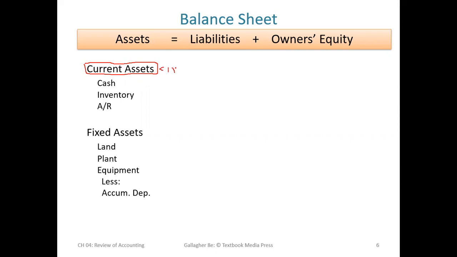Most of the time, less than 1 year, or one operating cycle, which could be greater than 1 year, but it's less than one business operating cycle. The first items in current assets are cash and inventory, and then you have accounts receivable.